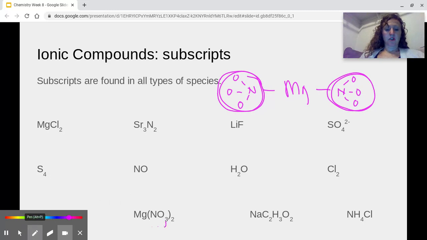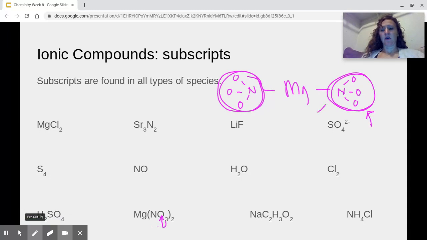This 3 is directly behind the oxygen. It means I have 3 oxygens for every 1 nitrogen. So if I have 3 oxygens per bundle, and I have 2 bundles, then how many oxygens do I have? I have 3 twice. So I have 6 oxygens in this compound. So that's what happens when you start to have parentheses.